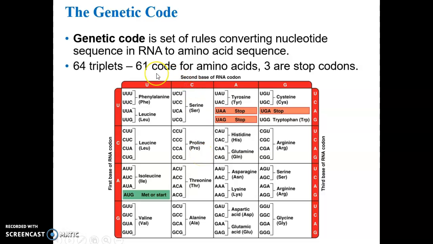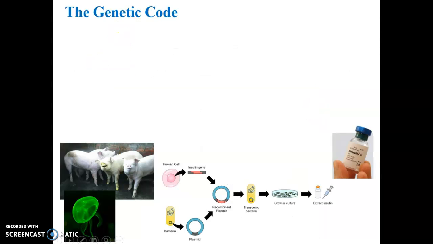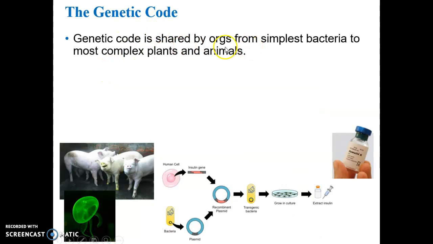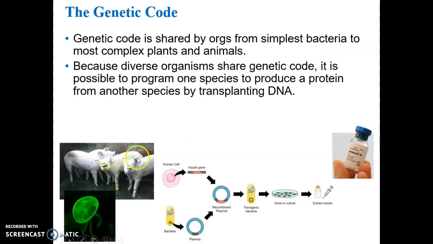In other words, the expression of genes to produce proteins follows this same language of essentially all living things on Earth. There are some minor exceptions to this general rule. Okay, so the genetic code is shared by organisms from the simplest bacteria to the most complex plants and animals. The process is the same, essentially.